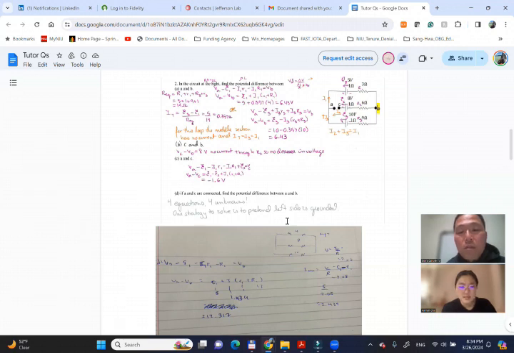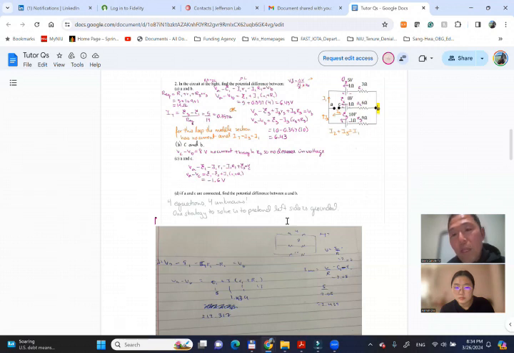It didn't ask to solve for the values. It just asked for... So I guess once you solve the equation out of the junction rule and loop rule, you may have a negative value for I1. Well, here's the thing. Actually, your three batteries are pointing in the same direction.